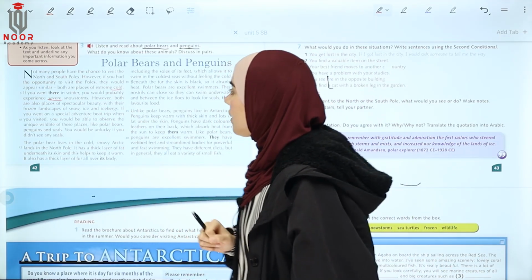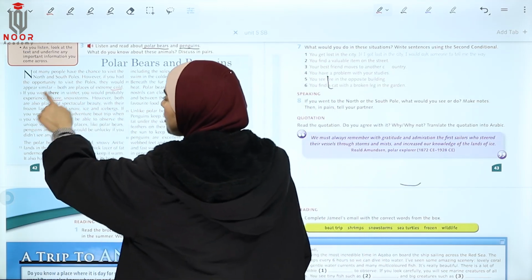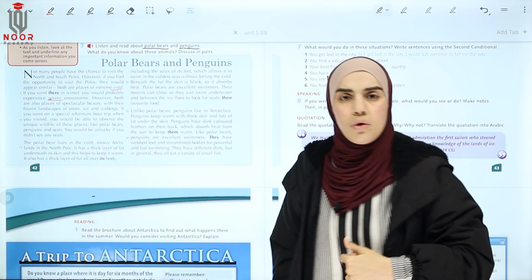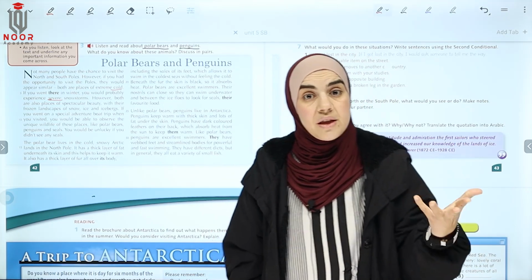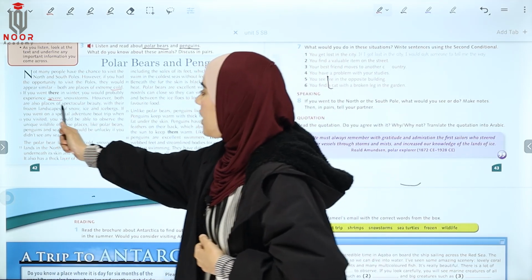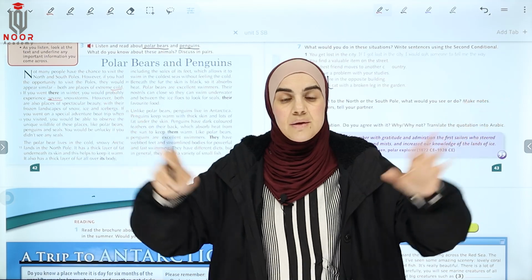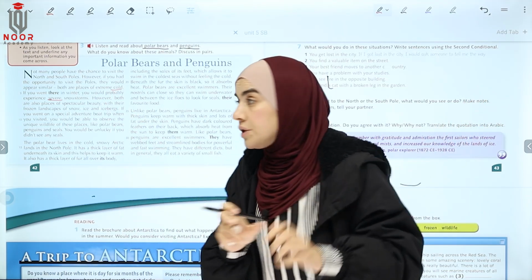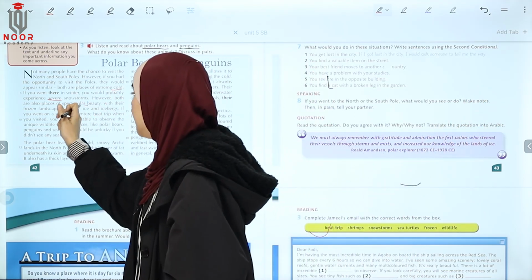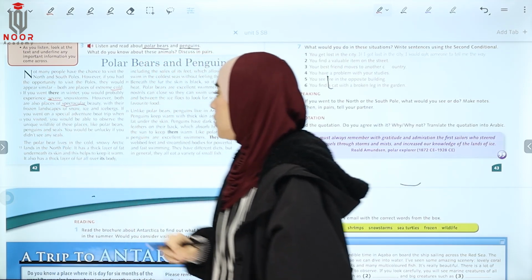Okay? If you went there in winter, you would probably experience severe snowstorms. العواصف الثلجية اللي كتير قوية. However, both are also places of spectacular beauty. Spectacular, it's a very, very lovely word.